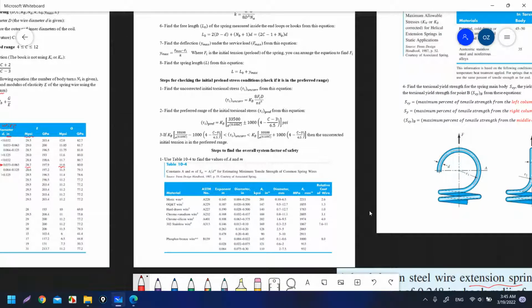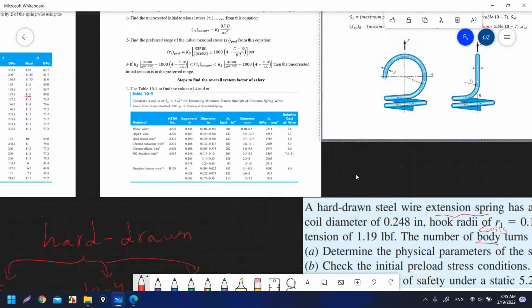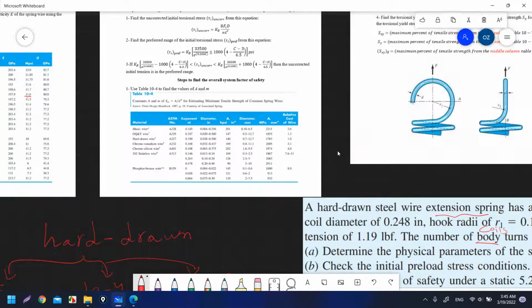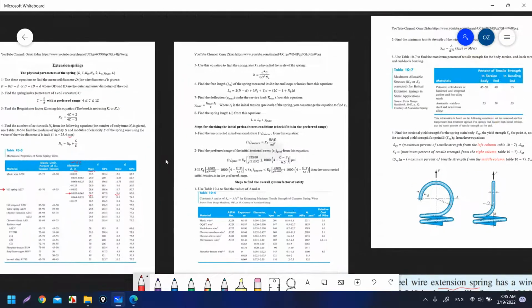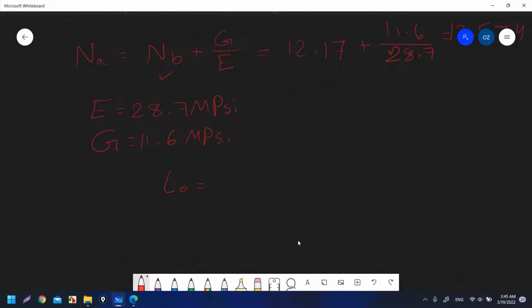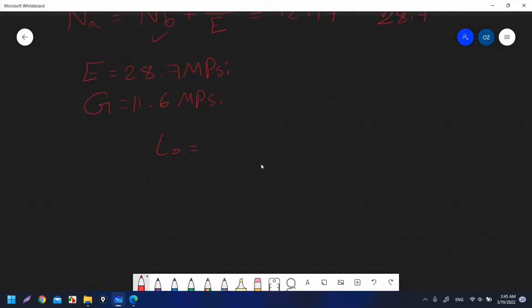No one will ask you about the derivation, but if you want to see it, let's ignore the derivation. We can use the equation directly. So L naught is equal to (2D minus d plus (NB plus 1) d), and also it's equal to (2C minus 1 plus NB) d.